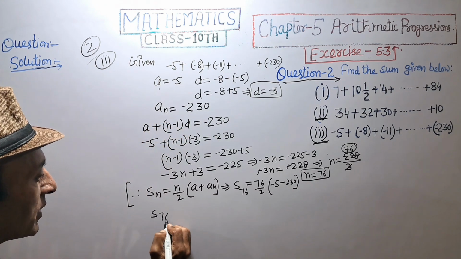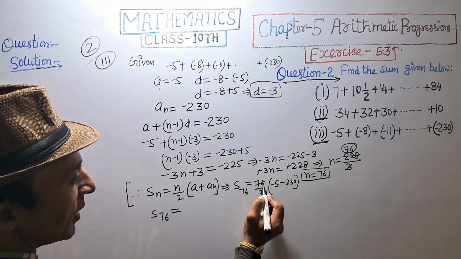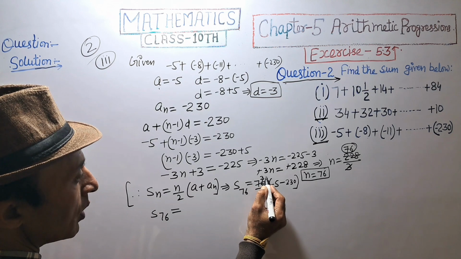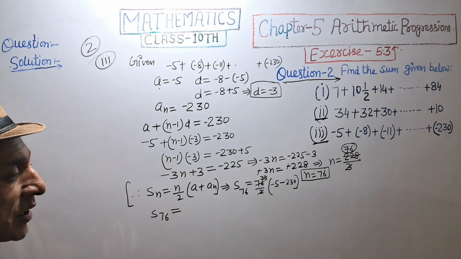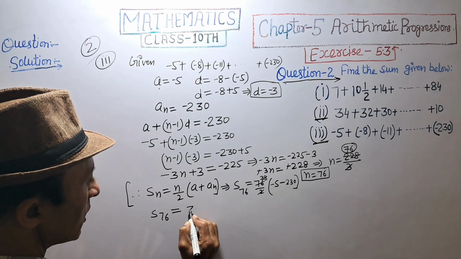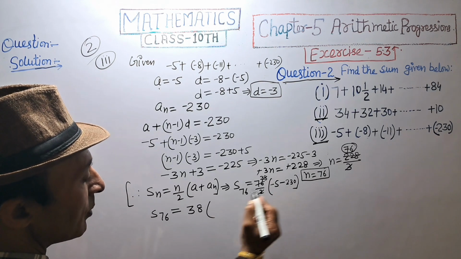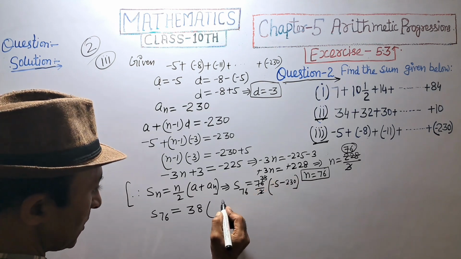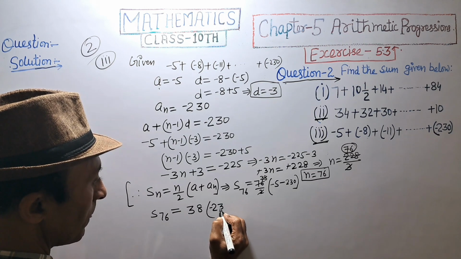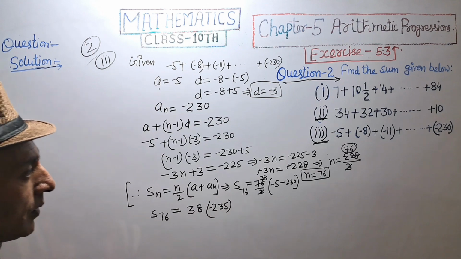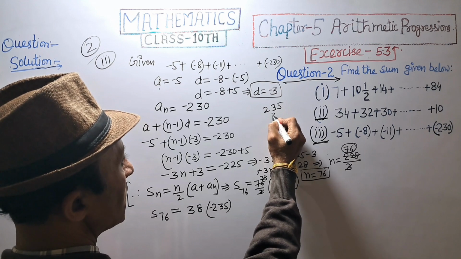So S76 is equal to 76 divided by 2, 38. 38 2s are 76. 38 and minus 230 minus 5, that is minus 235. 235 multiplied by 38.